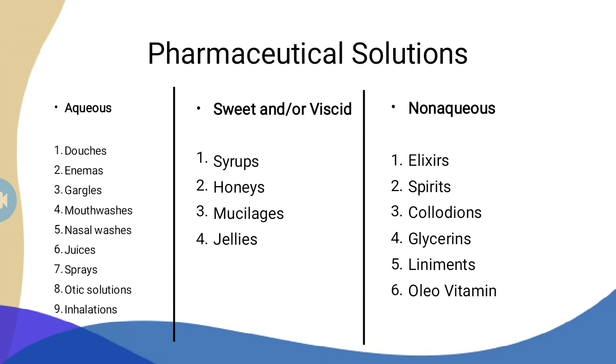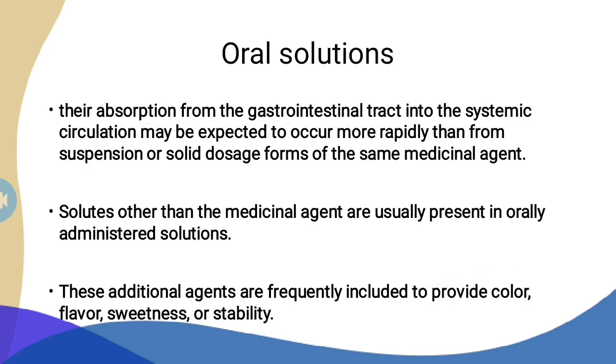Examples are syrups, honeys, mucilages, and jellies. This type of product enhances flavoring agents and the quality of its taste. And the third category is the non-aqueous. Examples are elixirs, spirits, collodions, glycerins, liniments, and oleovitamins. This kind of product does not contain any amount of water.